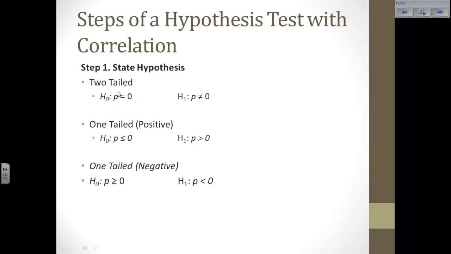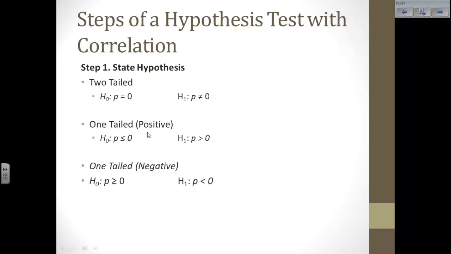This is essentially saying we don't think there's really a relationship in the population based on our sample. Then the alternative, what we typically are expecting, is that there is a relationship. So the true population correlation, this little p here, that's implied by the sample is not 0. So there is some sort of relationship between those two variables, and we would expect to see that in the population as well.